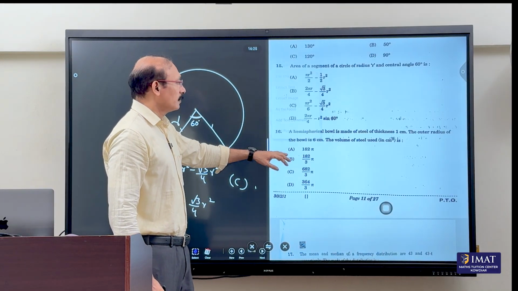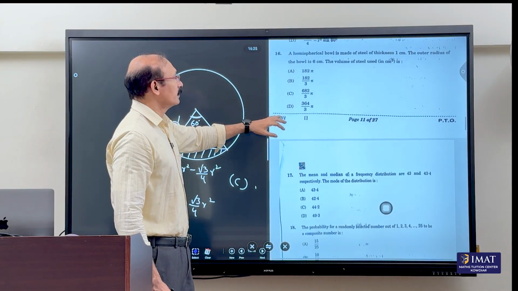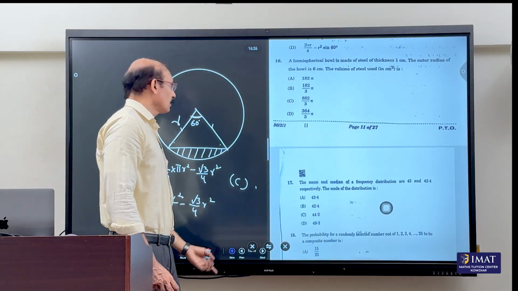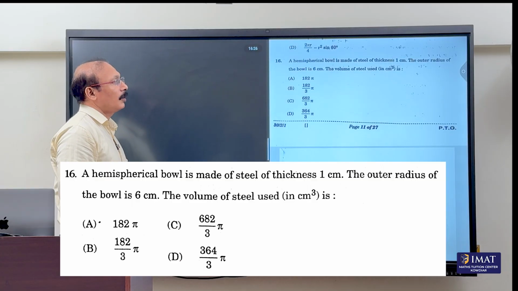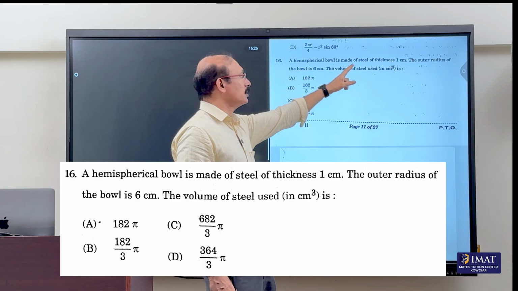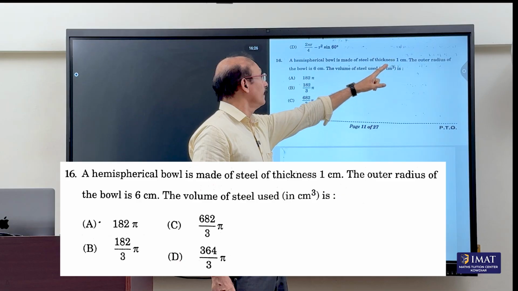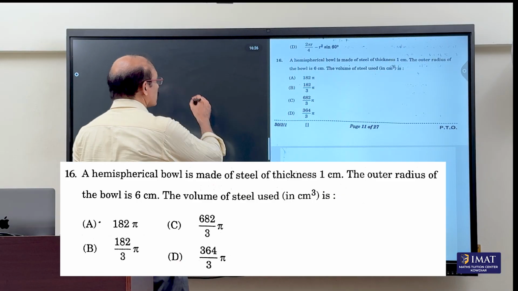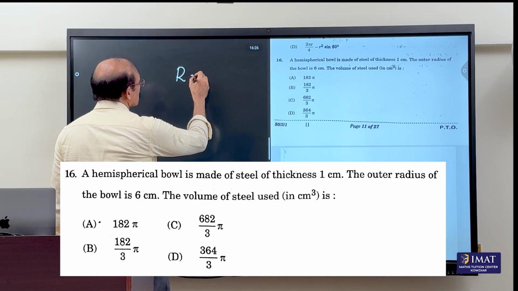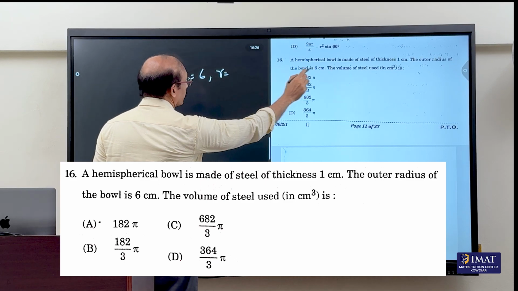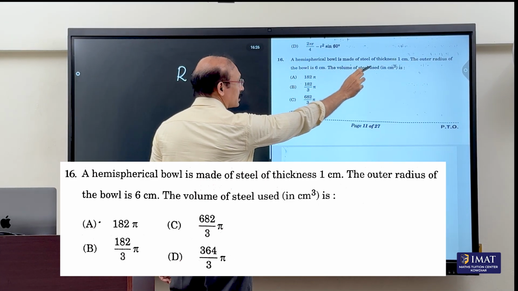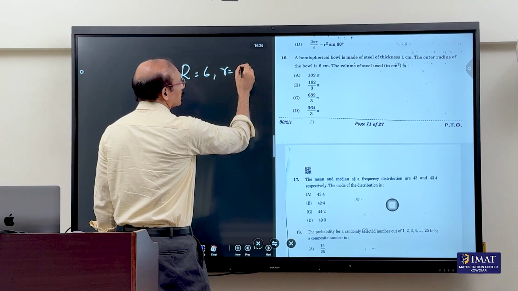Question number 16. A hemispherical bowl is made of steel of thickness 1 centimeter. The outer radius is 6 centimeter. If outer radius is 6 centimeter, then the inner radius will be the outer radius minus the thickness, which is 5 centimeter.